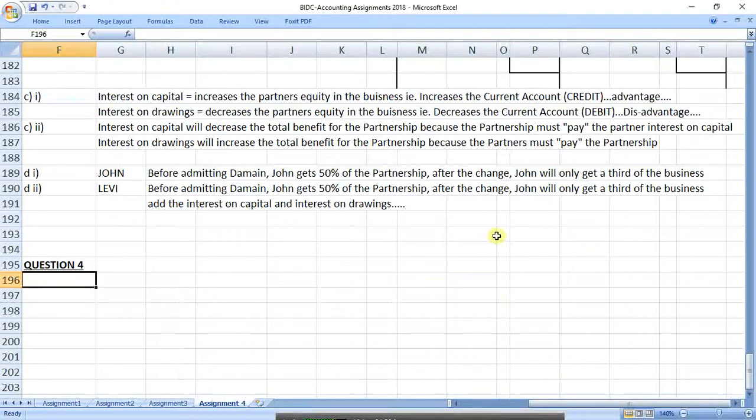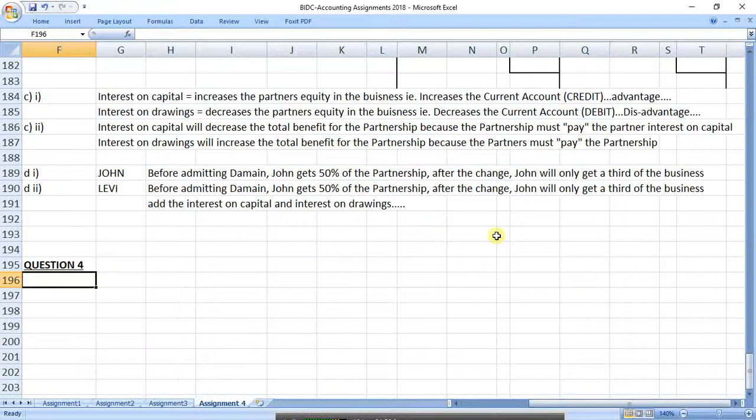Question 4 says, Z and Y, who share profits and losses in the ratio 2:1, decide to dissolve their partnership. Okay, so dissolve means to end. So they're ending the partnership, they're closing it.